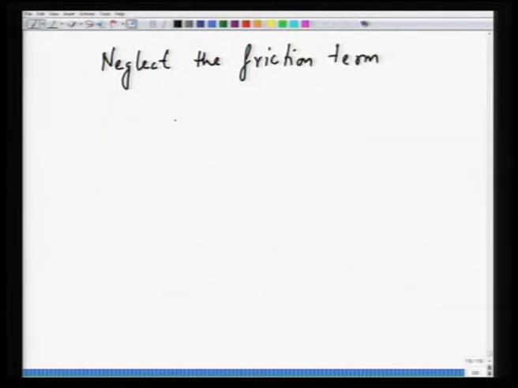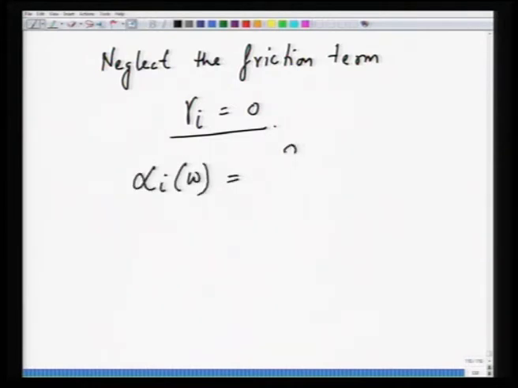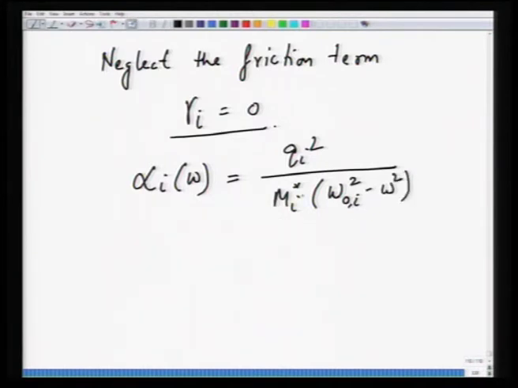So, now if you neglect the friction term, what it would mean is that gamma I will be equal to 0. If gamma I is equal to 0, then alpha I omega would become equal to q I square divided by m I star into omega I square minus omega square. And how can you write polarization now?